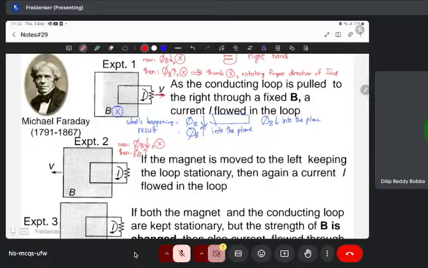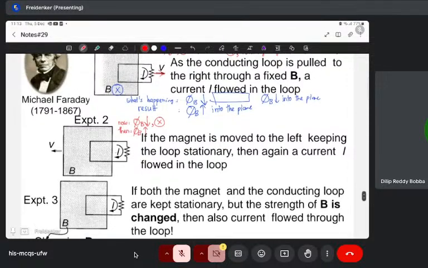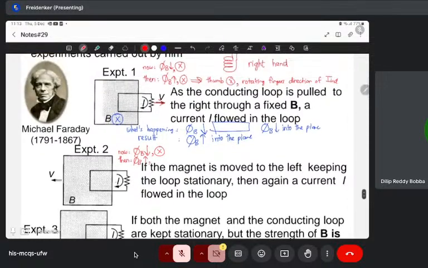If flux is increasing somewhere, okay, we'll come to that example. Here, flux is decreasing, so the opposite effect is you increase the flux in the same direction. If you increase the flux in the opposite direction, the effect will be cumulative and not negated.